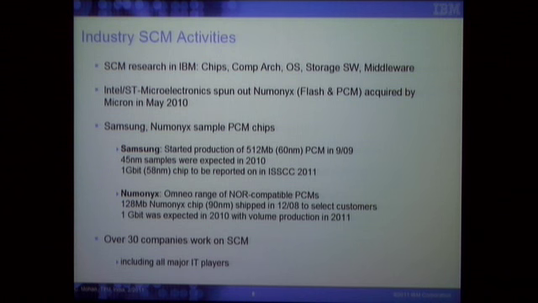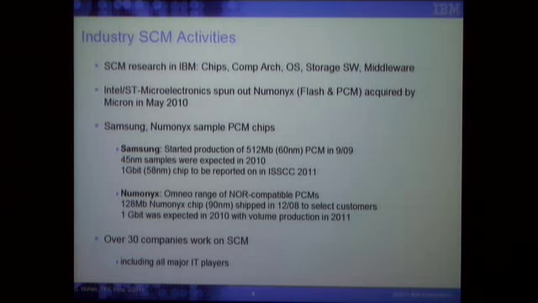There are lots of companies obviously working on these things, and so for instance, Numonyx had said a 1 gigabit chip was to be available last year, but it looks like it might become available only this year. Samsung is about to report on a 1 gigabit chip at ISSCC later this month, or I don't know exactly when it is.